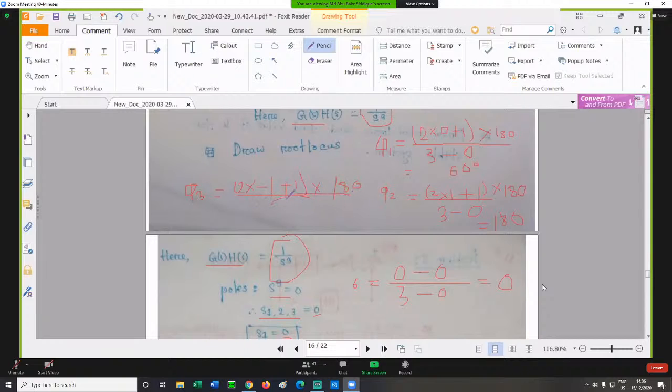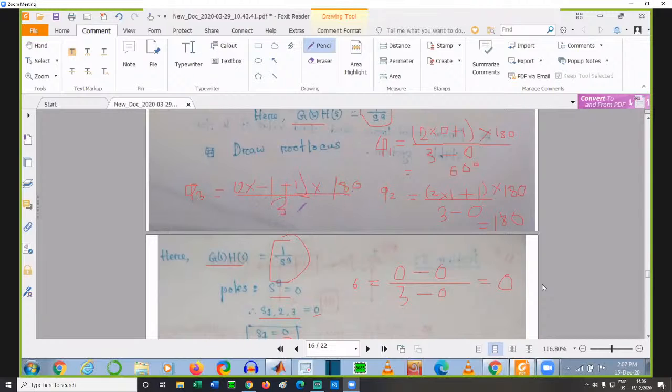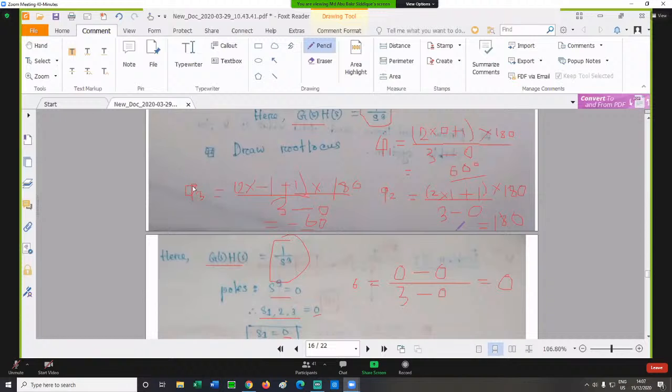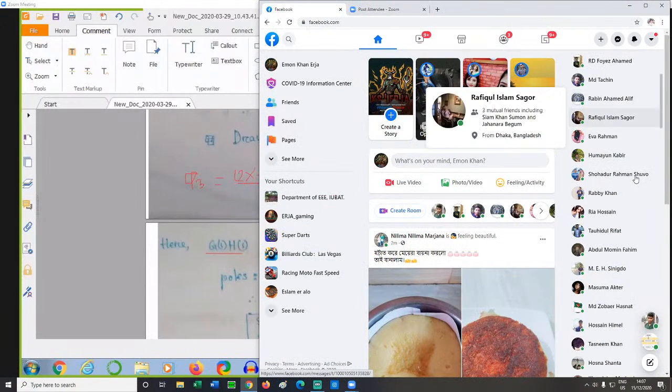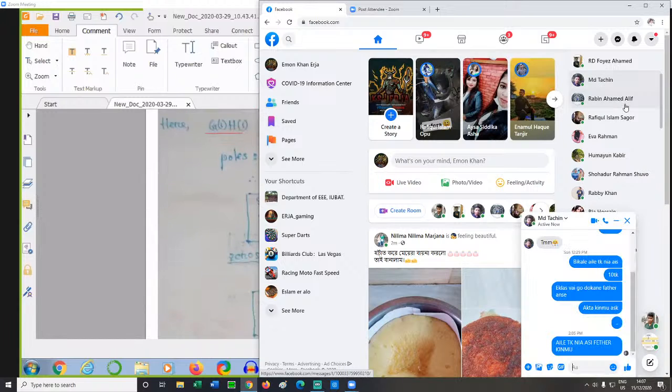Okay, then 3 minus 0. So it will be minus 60 degrees, sir. Good. So we have one plus 60 degrees, another minus 60 degrees, and one 180 degrees.